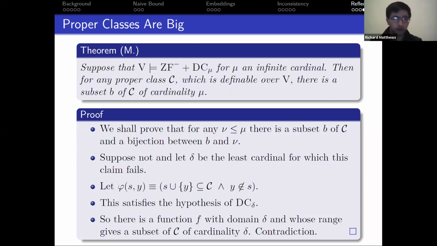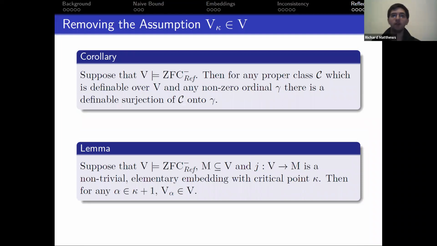Yeah. So sort of the nice corollary of all of this is now that if V is a model of ZFC without power set but with reflection, and I give you any proper class C, then for any non-zero ordinal gamma, I can define a surjection of C onto gamma, just by using that thing.